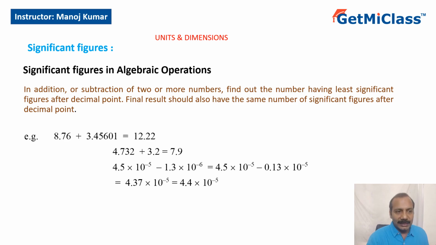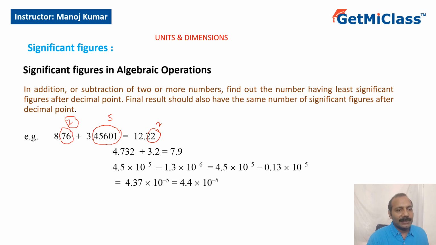What do I mean by that? After the decimal here, how many digits do I have? 1, 2, 3, 4, 5. I have 5 digits. Here, after the decimal, I have 2. So the answer should have 2 digits, because 2 is the minimum number of digits after the decimal.